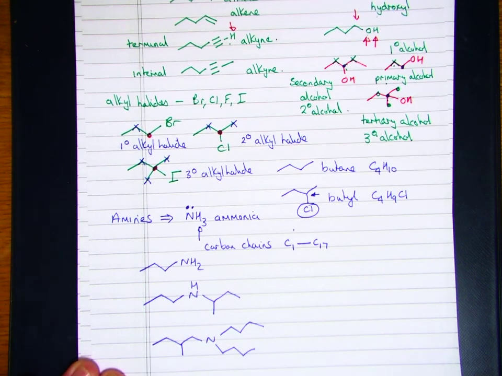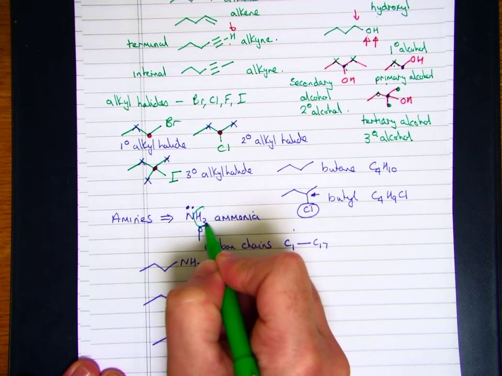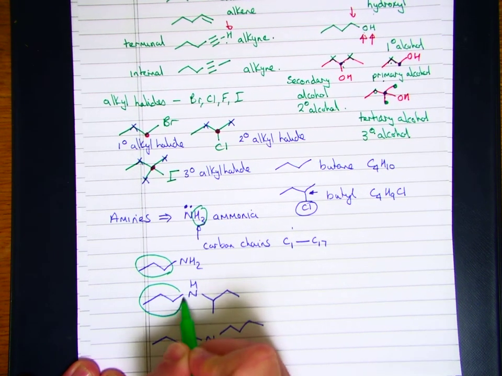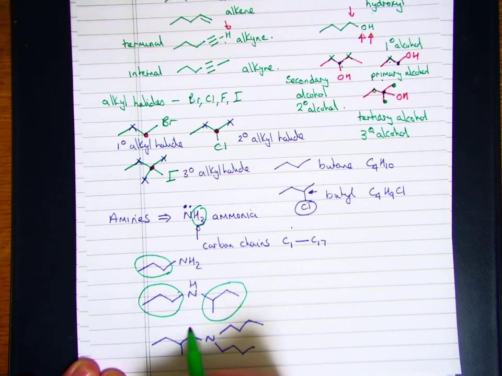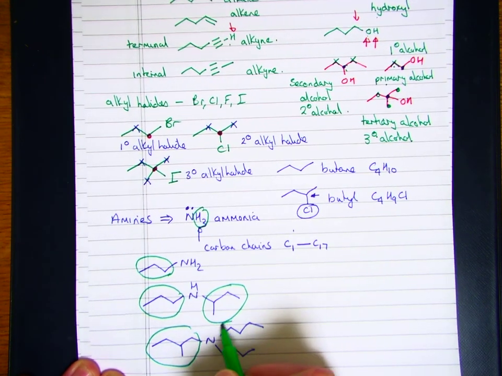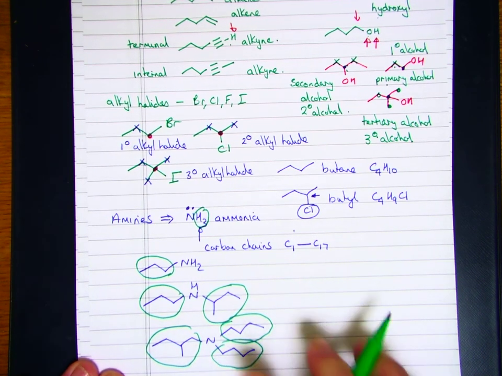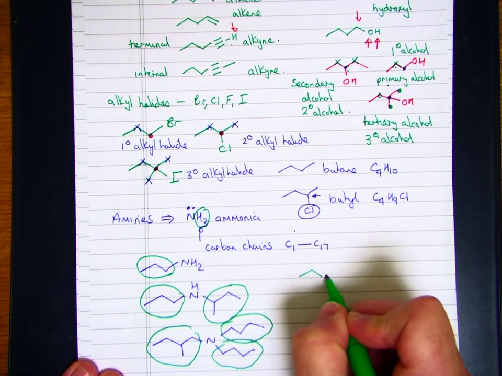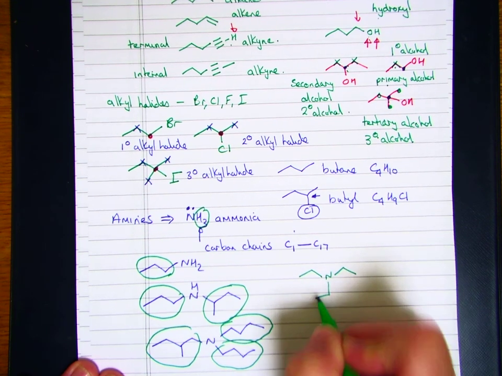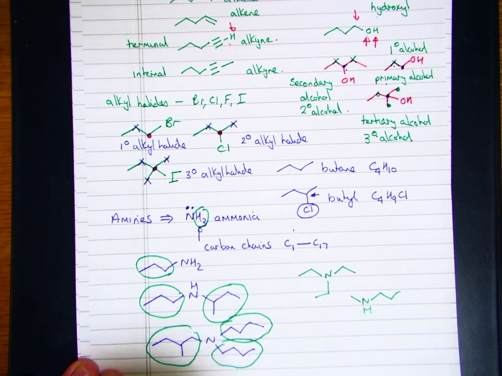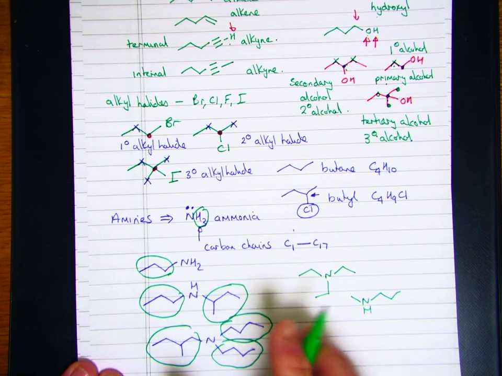So all we've done here is replace the 3 hydrogens with either 1 carbon chain, 2 carbon chains, or 3 carbon chains. And the carbon chains can be the same or different. So I can draw something like this, in which all the carbon chains are the same, or I can do something like this, in which the carbon chains are different.